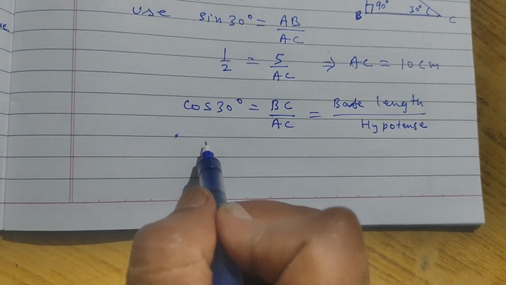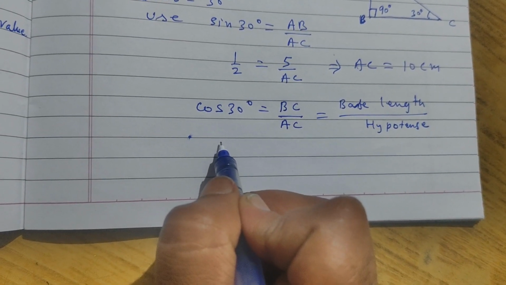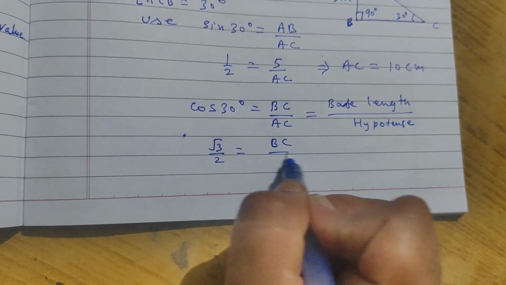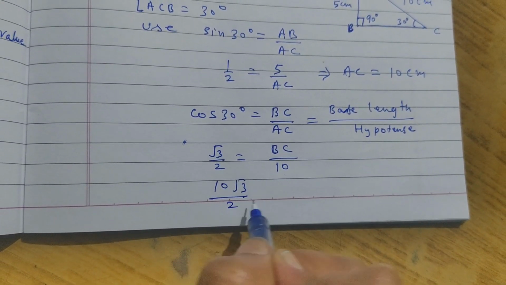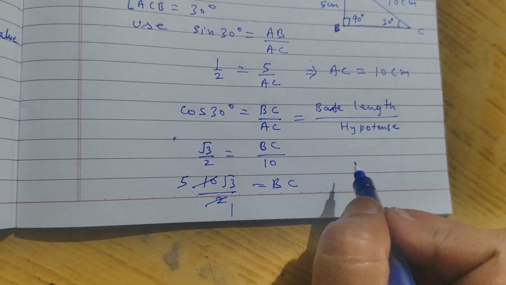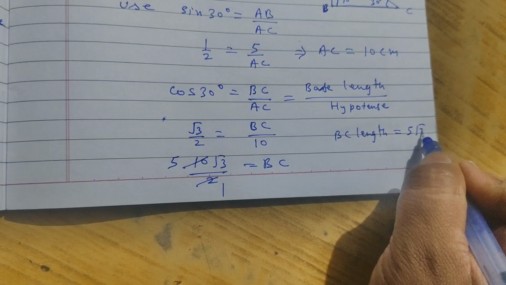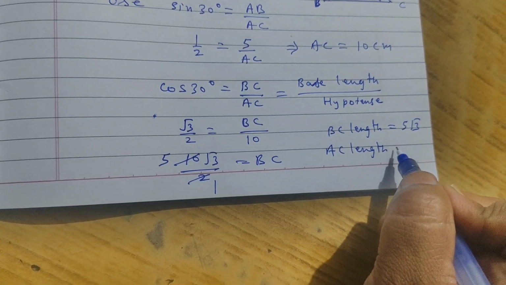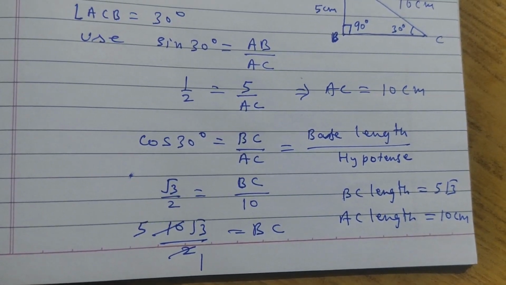Cos 30 value is root 3 by 2, and base length BC we have to find, hypotenuse is 10. So cross multiply: 10 root 3 over 2 is equal to BC. 2 ones are 2, 2 fives are 10. So BC length is 5 root 3 and AC length is 10 centimeter. So we easily find it.